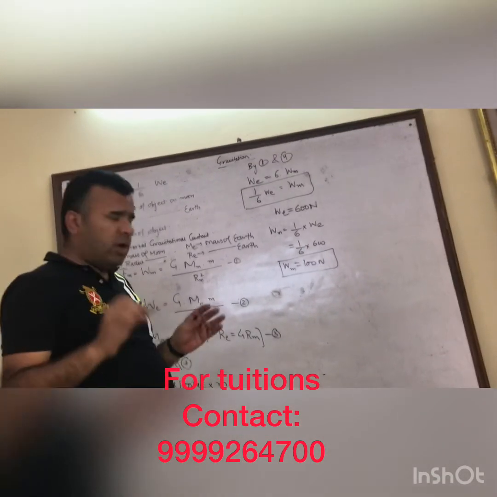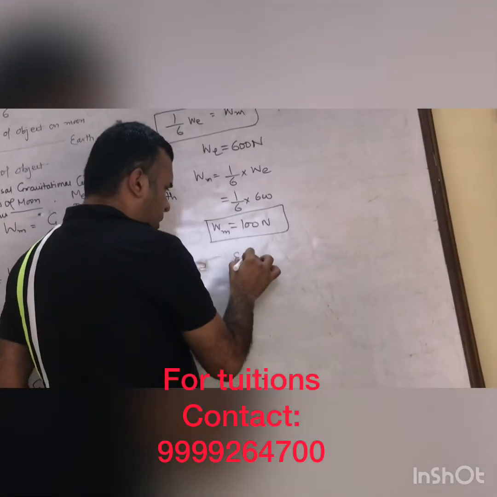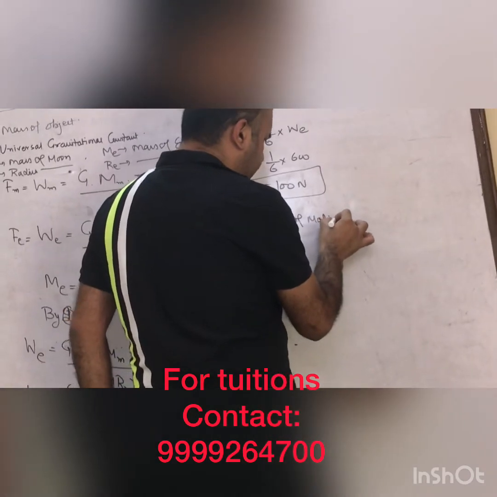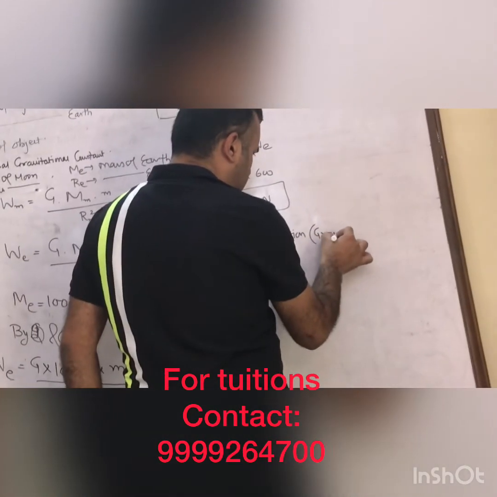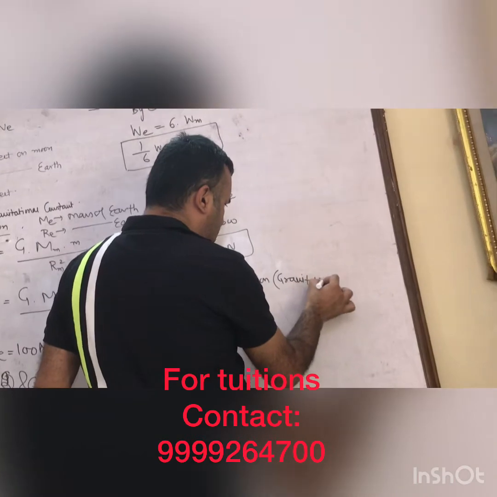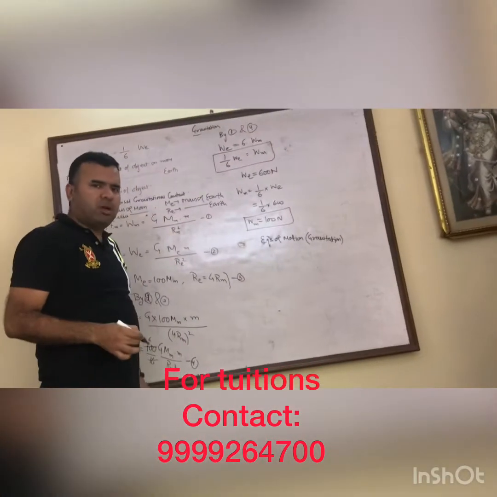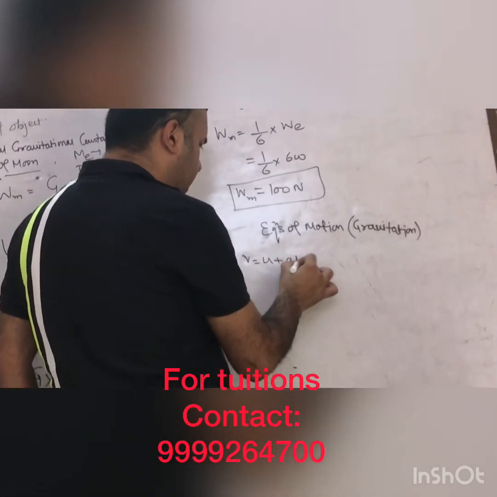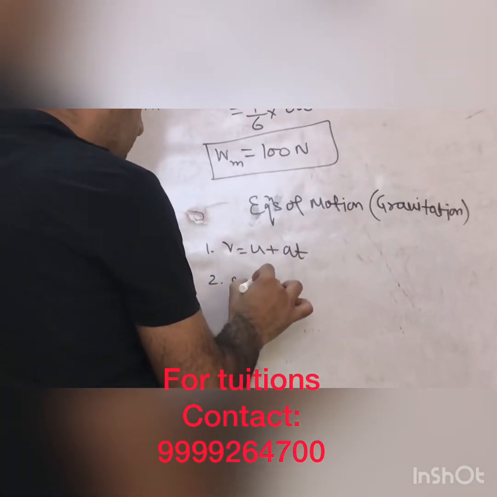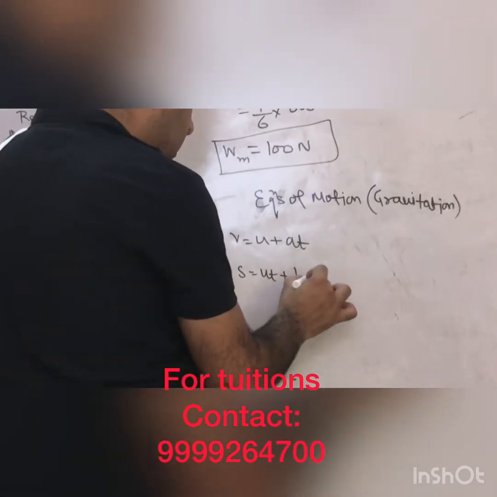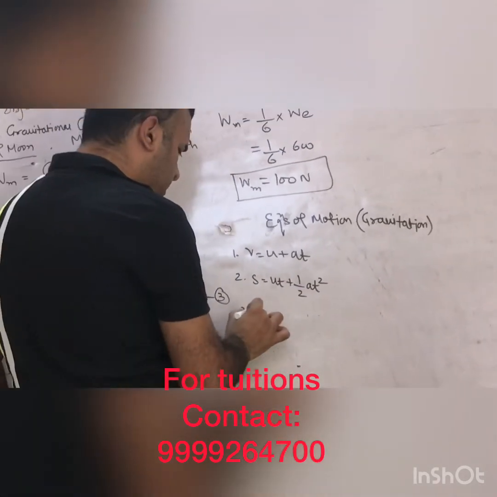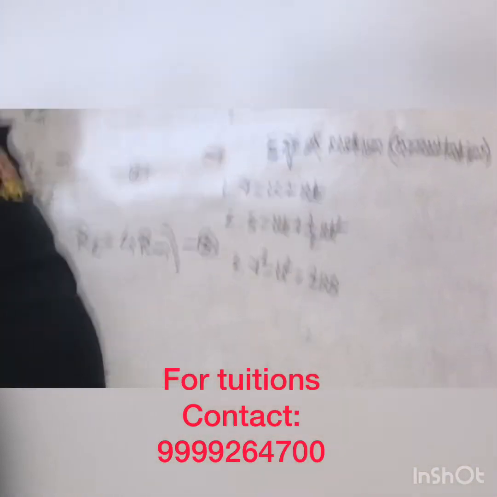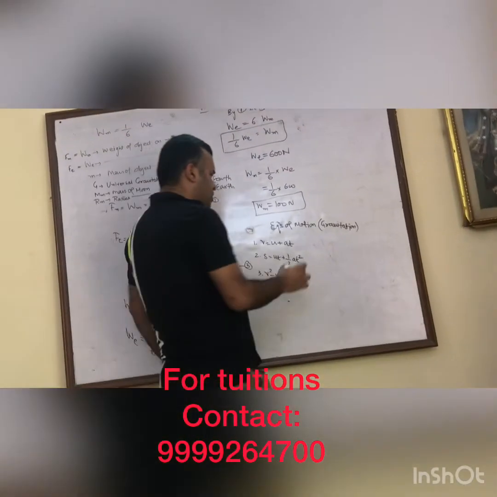One more thing I would like to tell here: equations of motion based on gravitation. You know all these equations of motion which we did in chapter number 1, motion, that is v is equal to u plus at, s is equal to ut plus half at square, and v square minus u square equal to 2as. All these three equations will be changed.